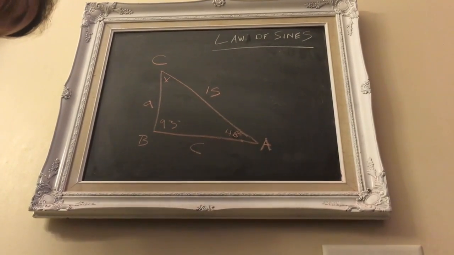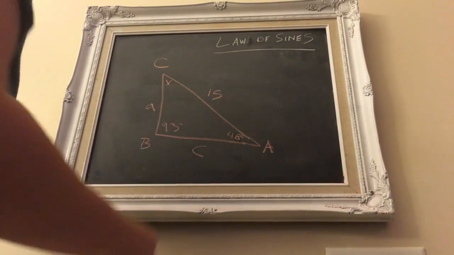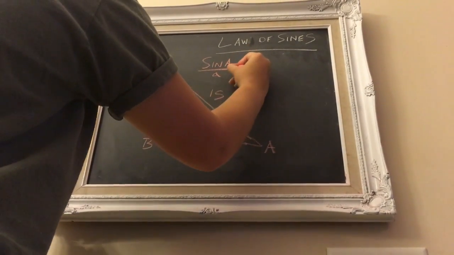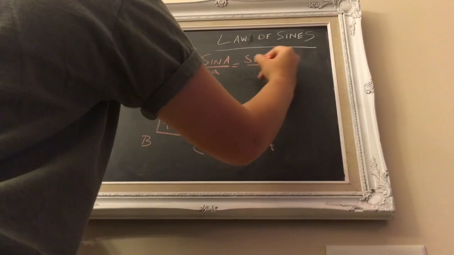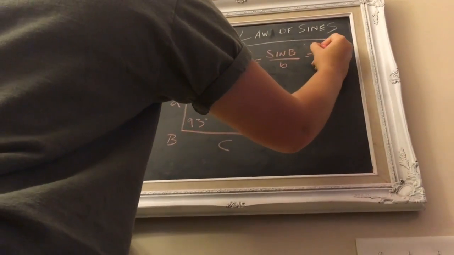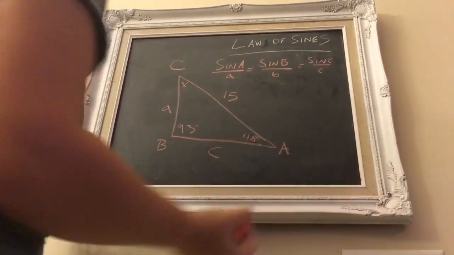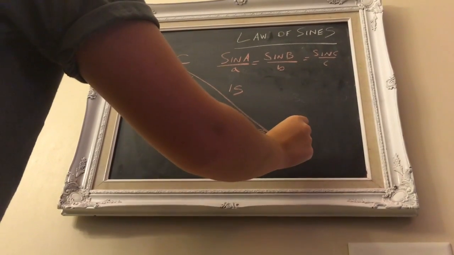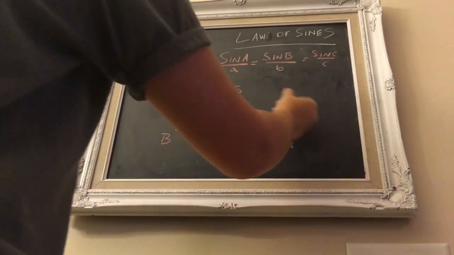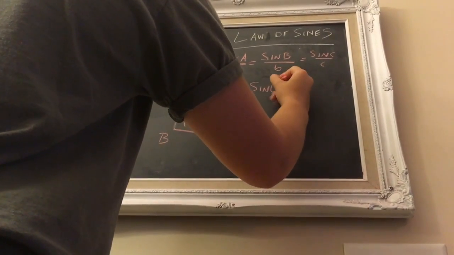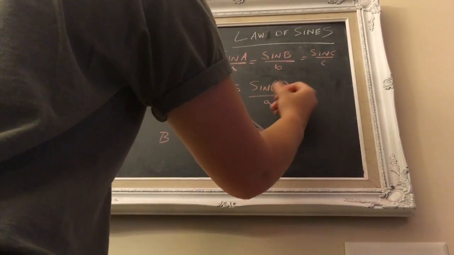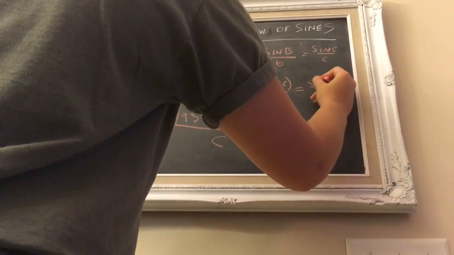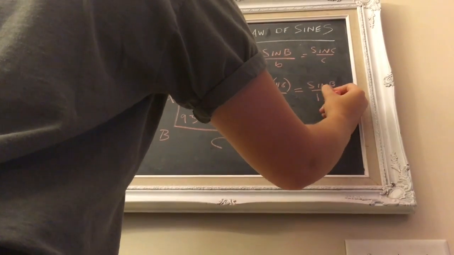Find a and c using the law of sines. Okay, so the formula for the law of sines is sine of A over a equals sine of B over b equals sine of C over c. Here, sine 48 over a is equal to sine of 93 over 15.